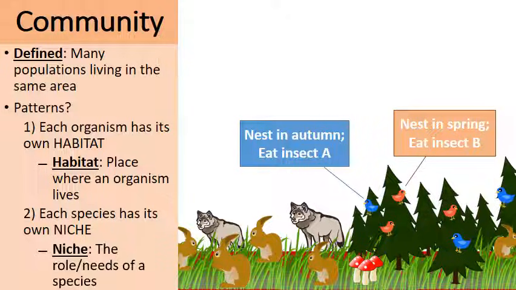Wouldn't the bluebirds chase away the pink birds, or maybe the pink birds would chase away the bluebirds? Well, what prevents that is they each have their own niche. Maybe the pink birds build their nest in the springtime and they eat a different kind of insects. So even though they're living in the same habitat, in the same trees, they have a separate niche where they don't overlap, and therefore they're able to coexist.